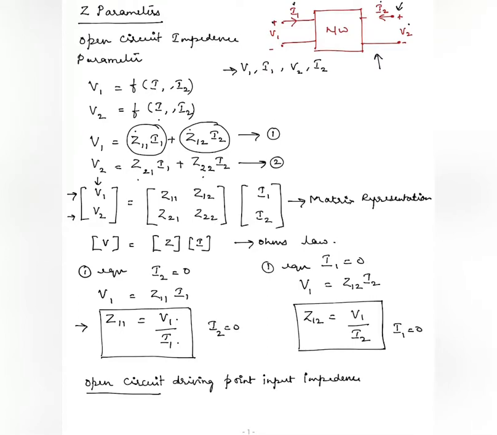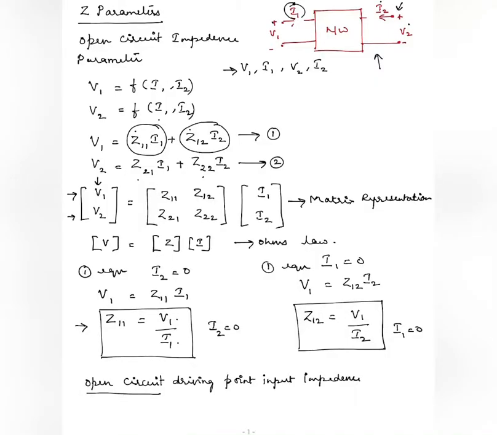Now what does it mean, I1 is equal to 0? See, I1 is here. I1 equal to 0 means there is an open circuit here, correct? So these are the two conditions under which we are finding Z11 and Z12.